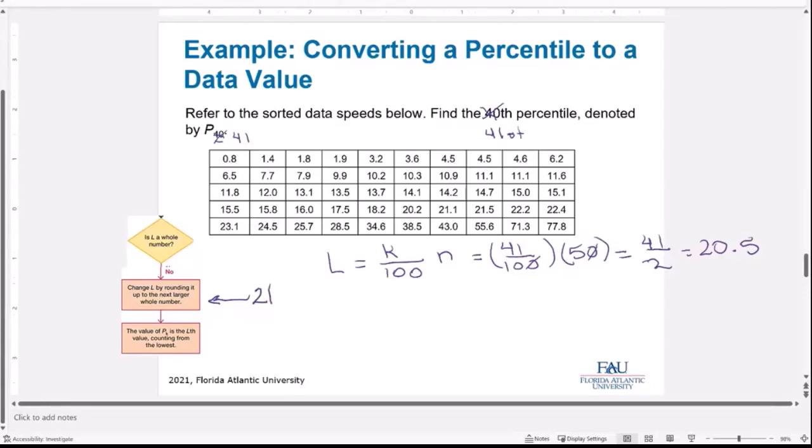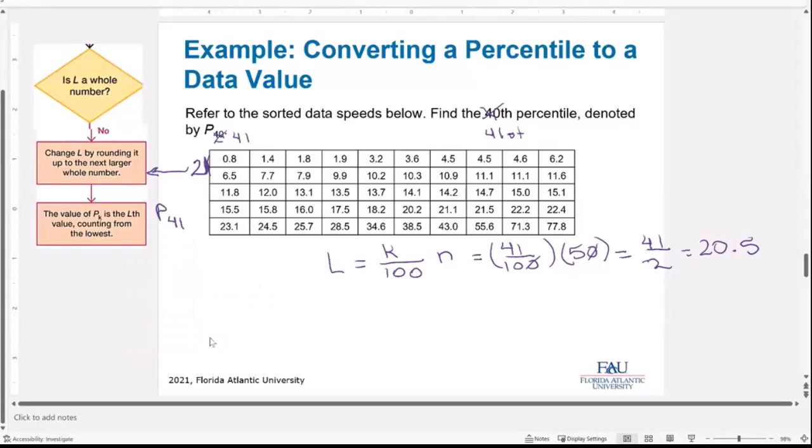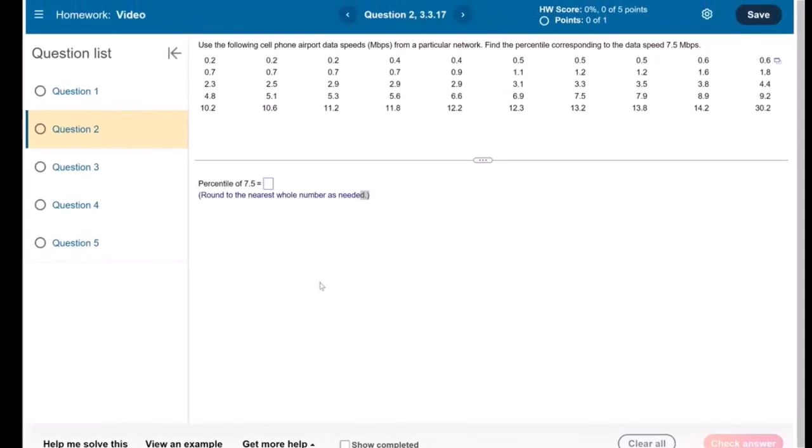The value of P of 41 is the Lth value, and L is 21. If I wanted 41%, it would be 11.8.